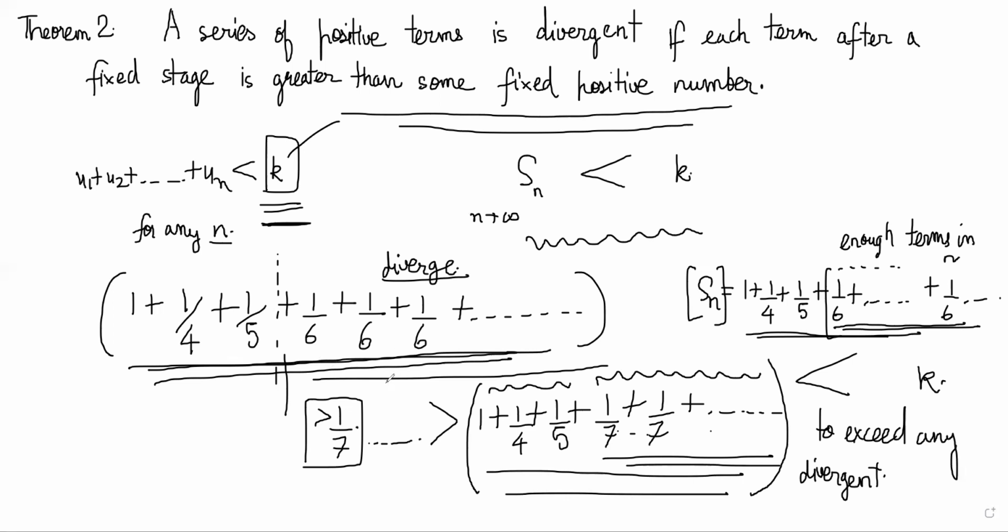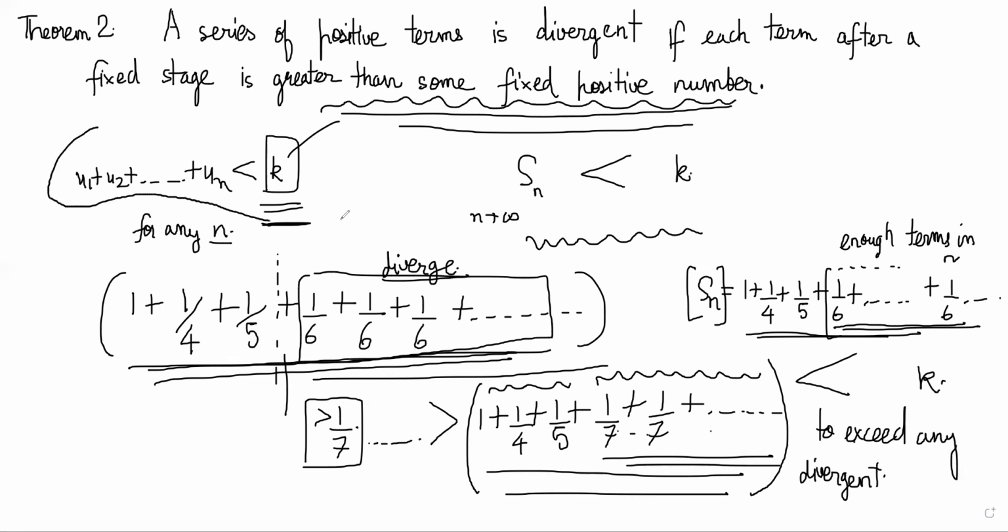Here the terms were 1 by 6, so the fixed positive number could have been anything less than 1 by 6. And as soon as the terms are greater than that fixed number, the condition that u1 plus u2 plus up to un is less than some k can never be true, because you can take enough of these 1 by 6s to exceed k. So it is important to understand both these theorems.